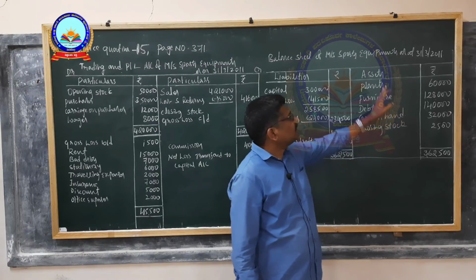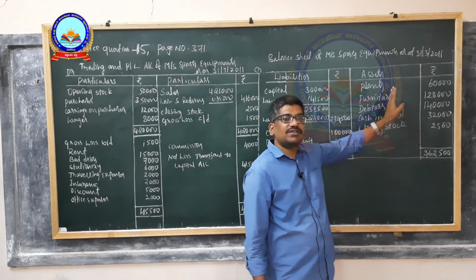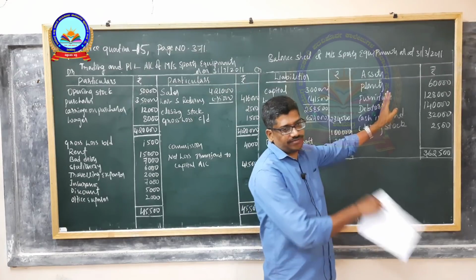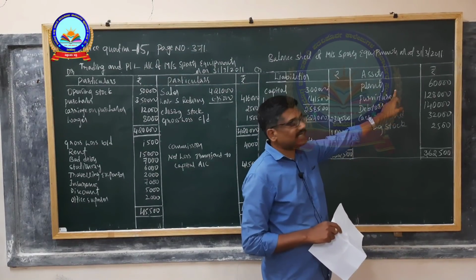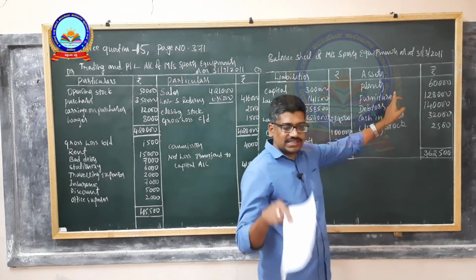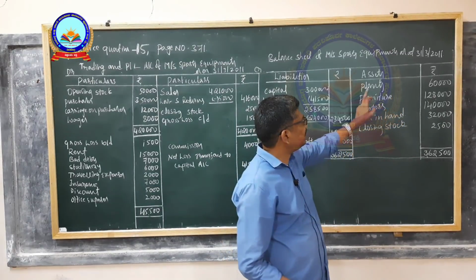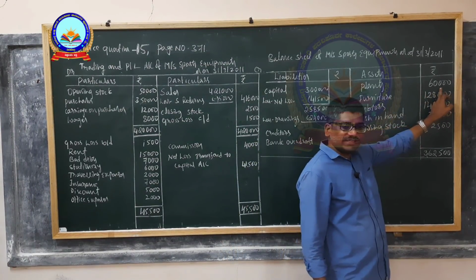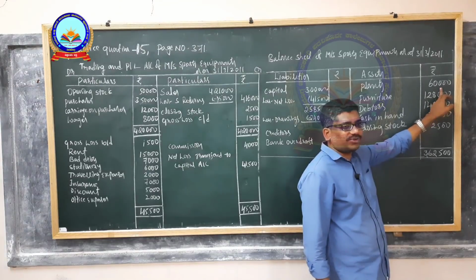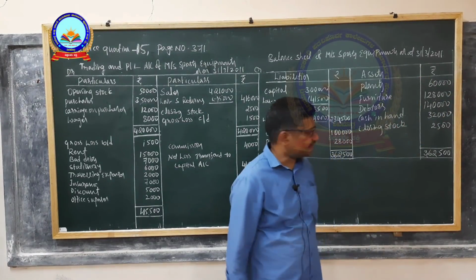On the asset side, we have to record the most fixed nature of assets first. The first one is plant, meaning an industrial or business estate. Plant worth rupees 60,000 we record in the amount column since there is no adjustment for this.